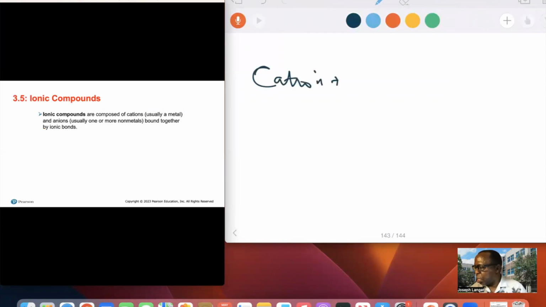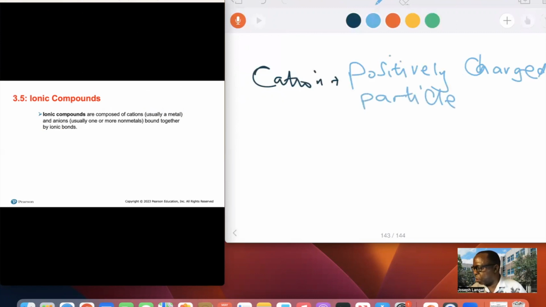This is a positively charged particle. And you know where they are. Please go back to chapter 2.